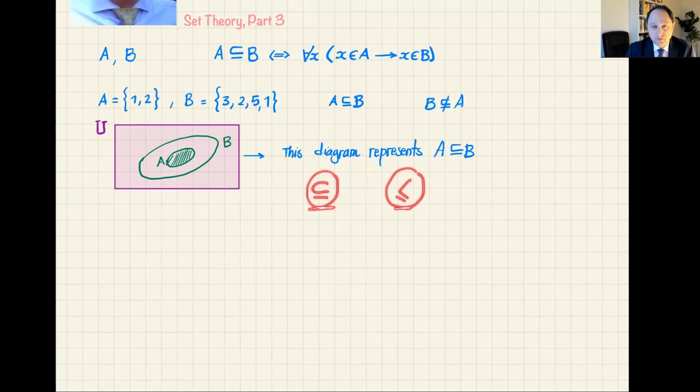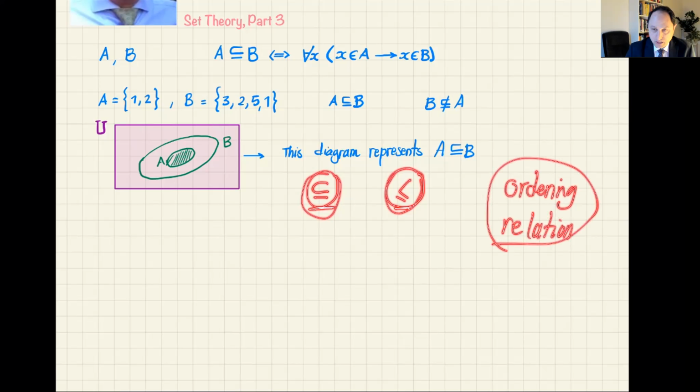There is a fundamental difference because, by the way, if I have these kinds of relations, they are ordering relations. Yes, ordering relations. It means that using this relation, I can order the elements of my set somehow. For example, if I give you a bunch of numbers, 1, 2, 5, 10, square root of 3, you can use this relation to organize them, to order them in some way.